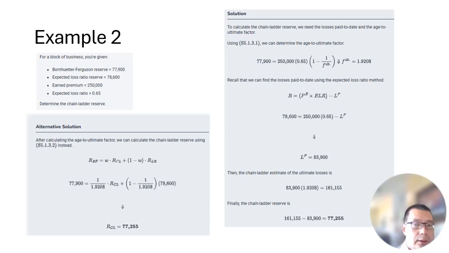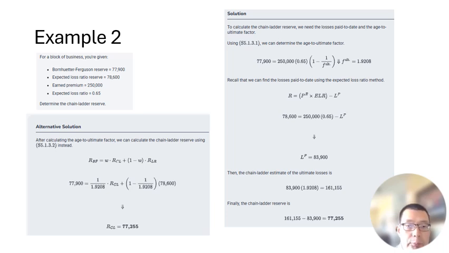Now let's look at this second example. For a block of business, you are given the Born-Hütter-Ferguson reserve to be 77,900, the expected loss ratio reserve to be 78,600, earned premium to be 250,000, and expected loss ratio to be 0.65. Determine the chain ladder reserve. To calculate the chain ladder reserve, we need the loss paid to date and the age to ultimate factor.